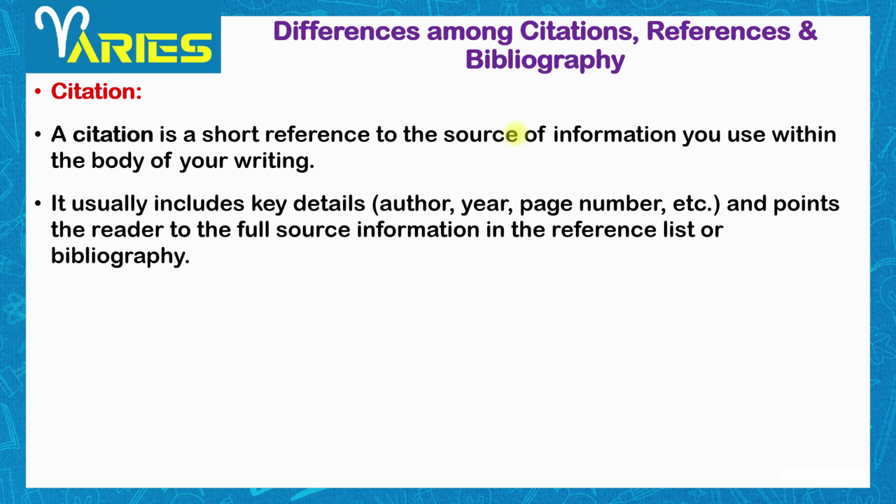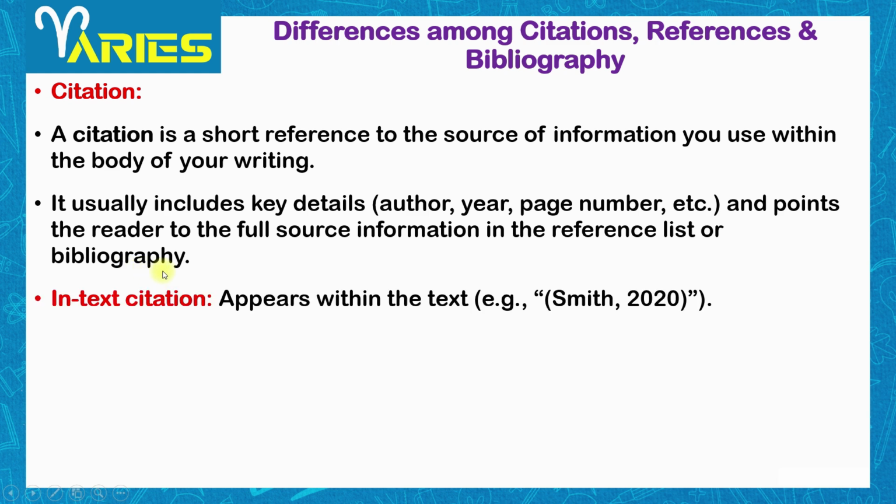It usually includes the key details, such as the name of the author, the year and page number, etc., and points the reader to the full source information in the reference list or bibliography. So in text it is mentioned in short, but if the reader wants further detail on that particular source, the reader may refer to the reference list or the bibliography.